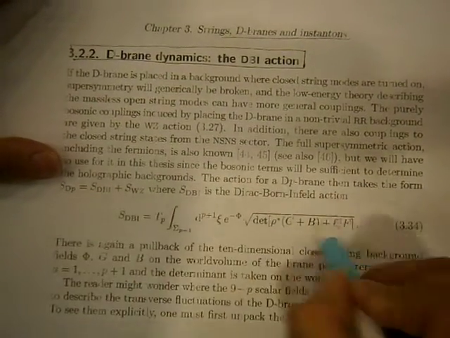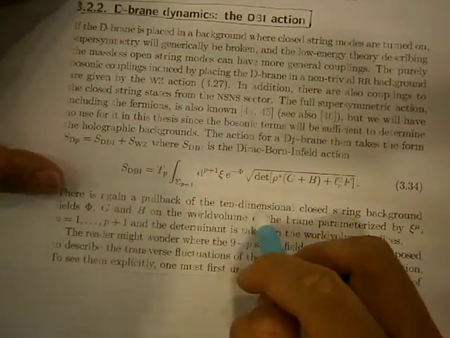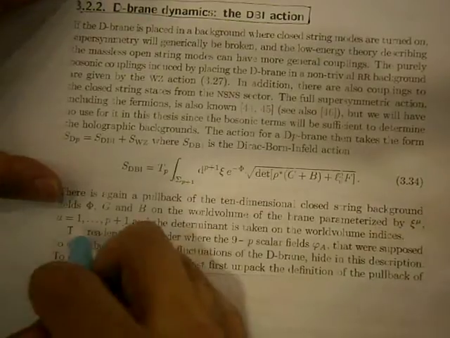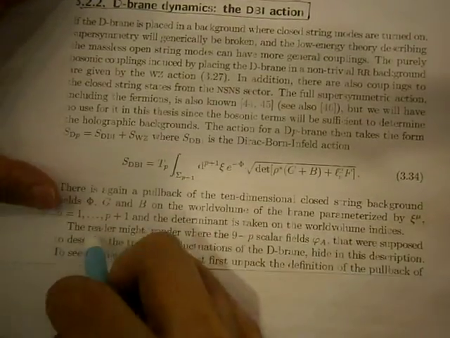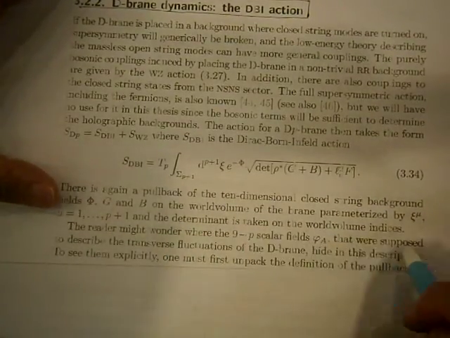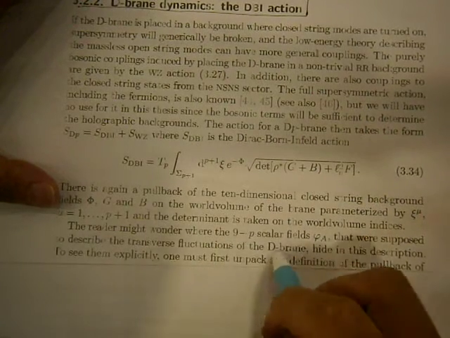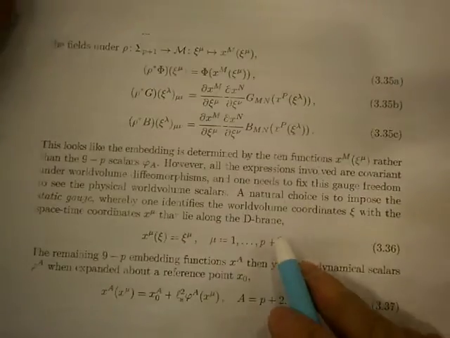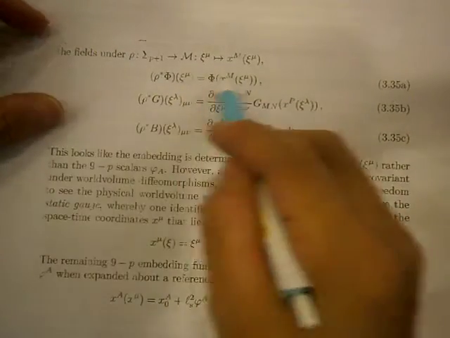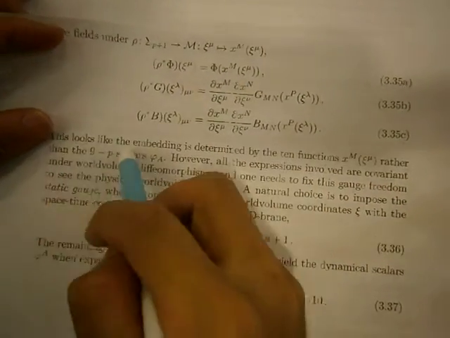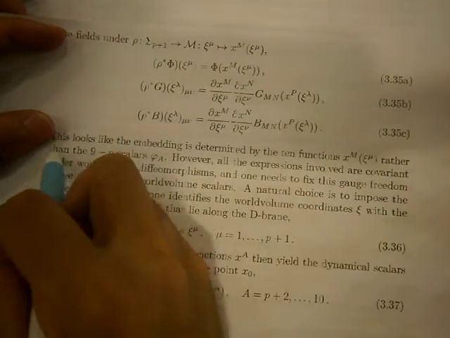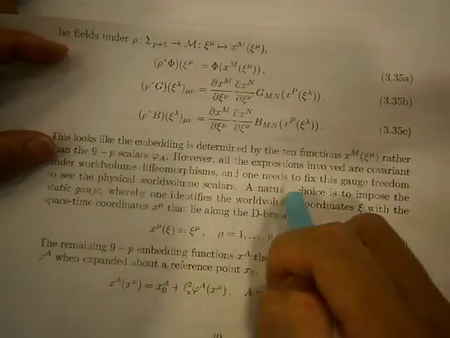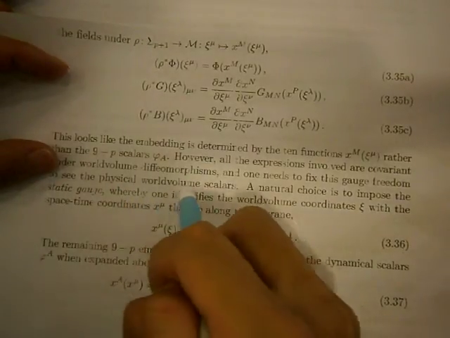This is the background action. There is a possible 10-dimensional closed-string background field with a variable brane parameterized by the variables included. There is an example where the described D-brane transmission factor is considered. Looking at the embedding, we determine the function of the scale from the expansion, involving a variable deformation under the gauge freedom from the physical variable scale.